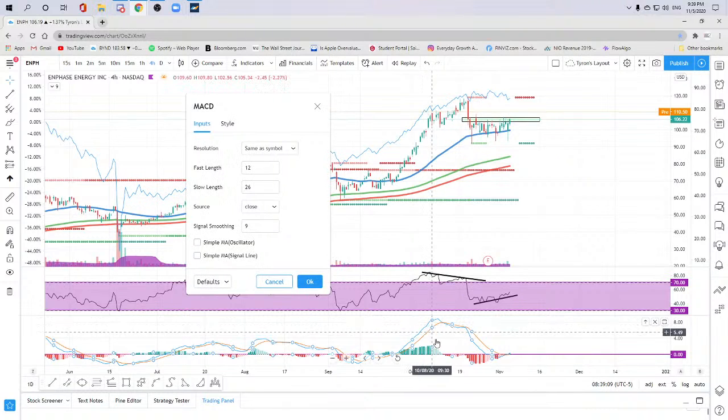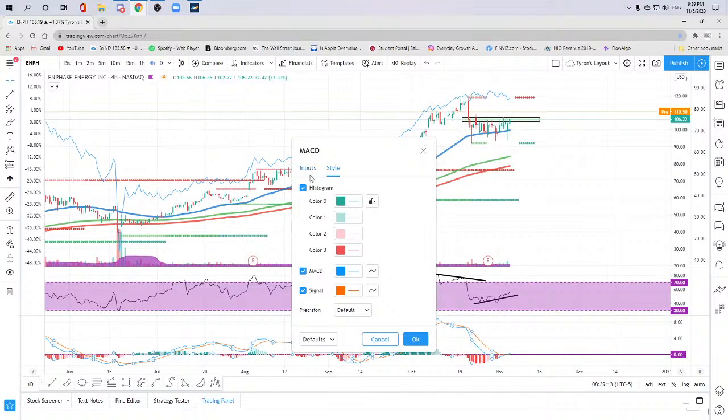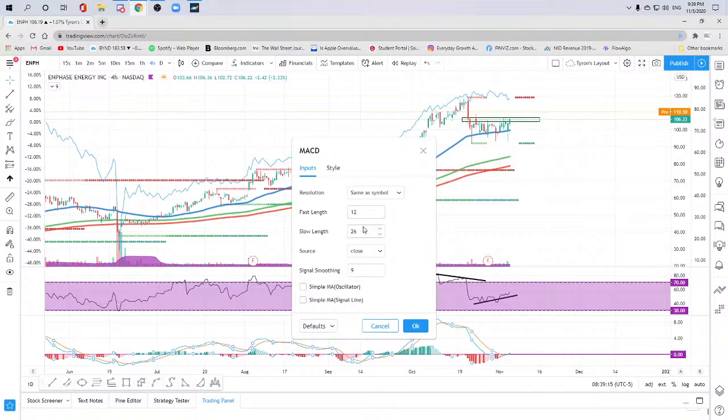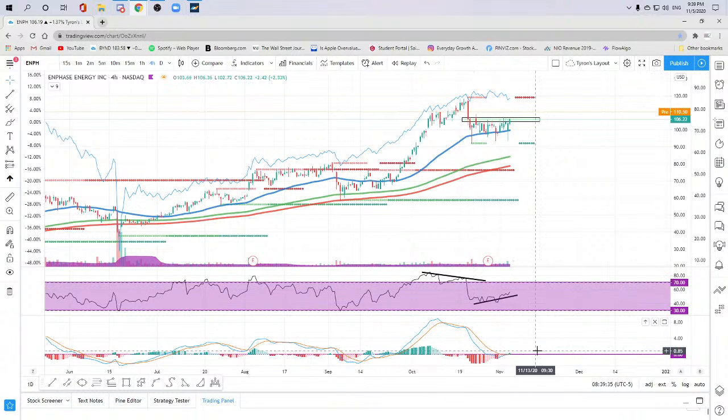The blue line shows you the difference between the 26 and the 12 EMA. The 9 line, which is the 9 moving average, is what we call the signal line or the signal smoothing line. This usually lags behind the 12 and the 26 or goes above it at certain points, and what this does is create a signal. This is the reason why we call it a signal.